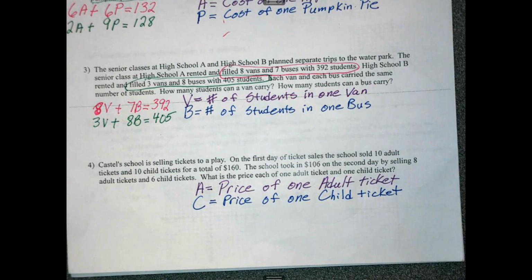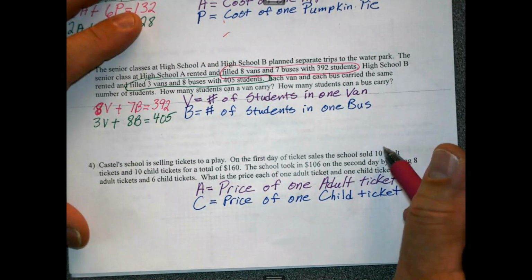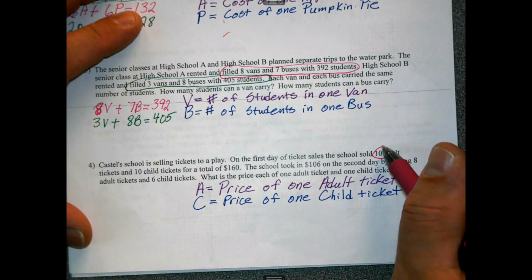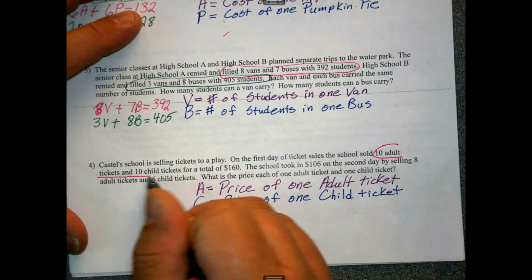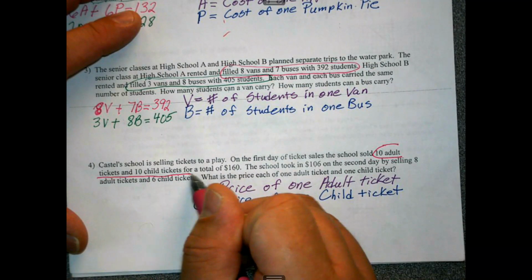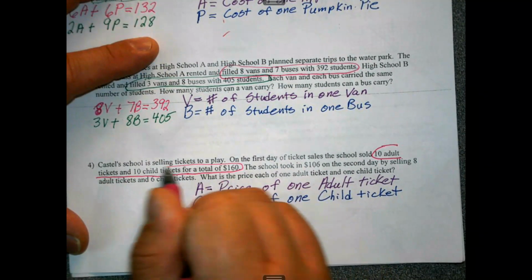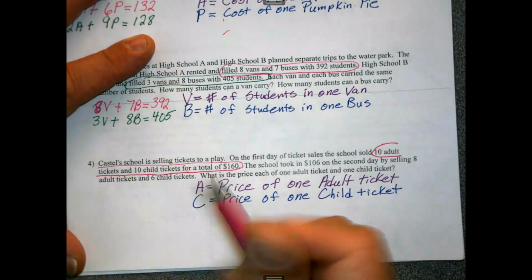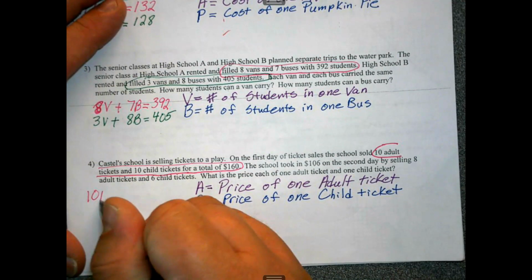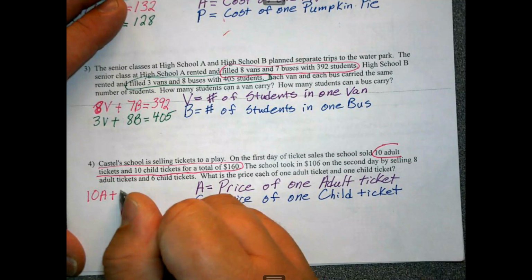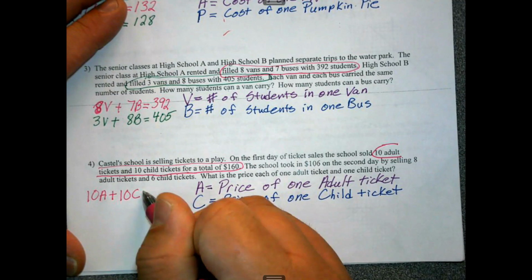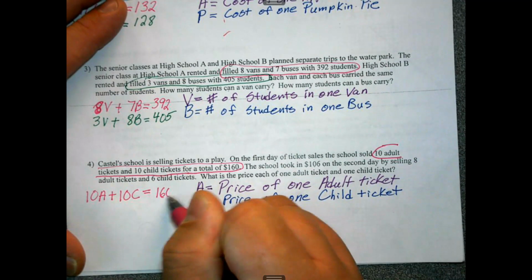First equation: 10 adult and 10 child for 160. So 10 adult plus 10 child equals 160 bucks.